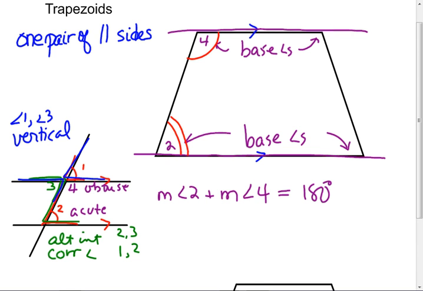They are supplementary. So if you take one upper base angle with one lower base angle, they add up to 180 degrees, because they're parallel lines. That's why I did that little deal over there. So anytime I have a trapezoid, this upper base angle and this lower one will add up to 180. Same with, let's see, 5 and 6.